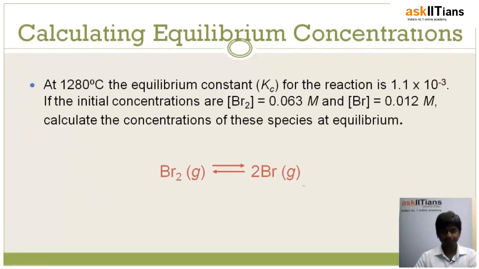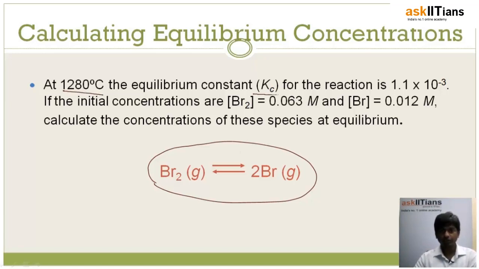Suppose you have this reaction, the atomization of bromine, where molecular bromine reversibly gives atomic bromine. You know the temperature and the equilibrium constant, 1.1 times 10 to the power of minus 3.